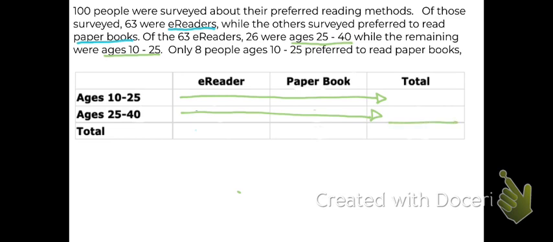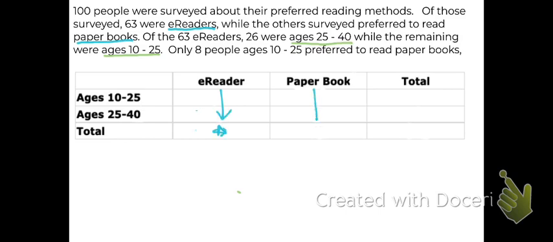And if we add these two numbers together, it's going to be our total number of people surveyed. And the same here. This is going to be our total number of e-readers, our total number of paper book readers, and if we add them up, it's going to give us that same total number of people surveyed.